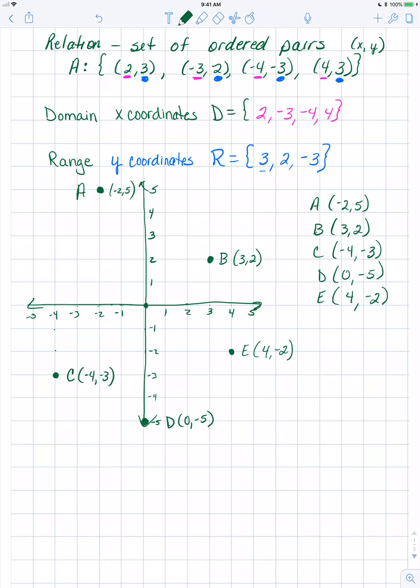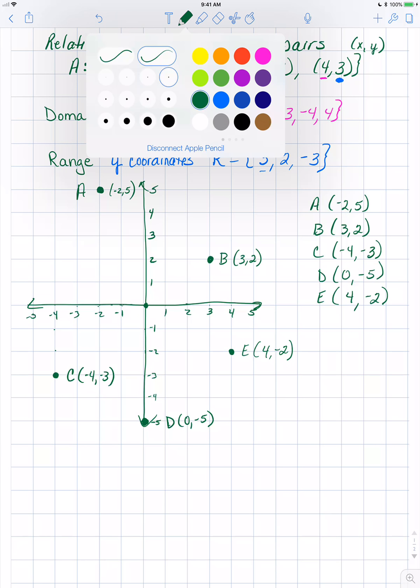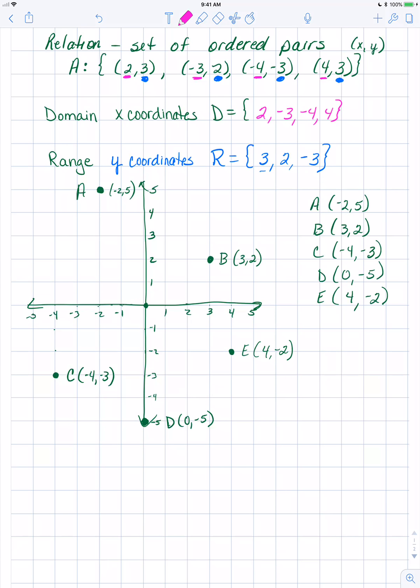Okay, so what if we are told to write the domains for these? And so let's just say here's our domain, and we can just look at the ordered pairs, or we can look at a graph and see all these x values that were given here, remember? So given either one, you should be able to write the domain.